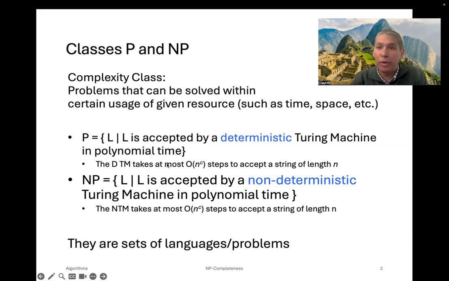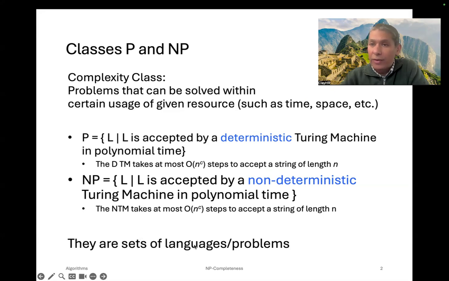And when we say polynomial time, we mean with respect to the size of the input. So if you're given a string of length n, then you have n to the power c steps to accept it. That's what the class P and the corresponding class NP stand for.